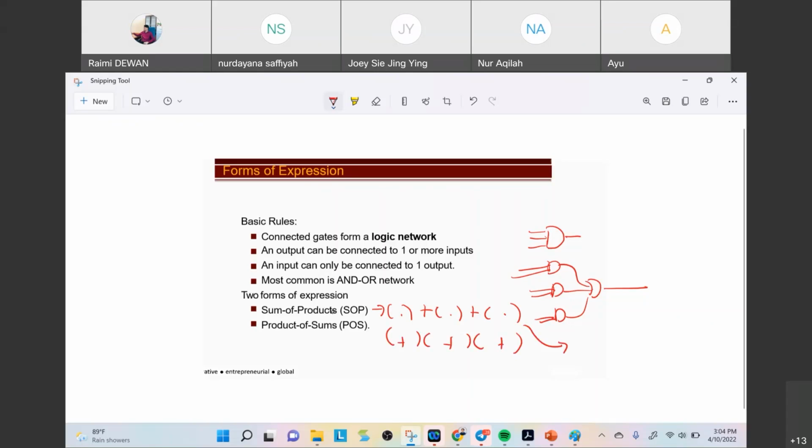Sum of products is that product and sum, OR gate. So this is sum of products. Product of sums is that we have a product of sums, so OR gate and AND gate. This one is AND gate and OR gate.